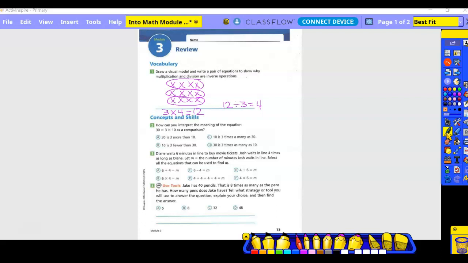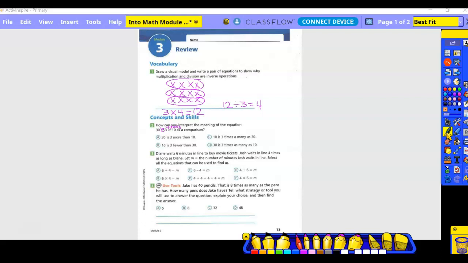Concepts and skills. Number 2: how can you interpret the meaning of the equation 30 equals 3 times 10 as a comparison? So that equal sign says what? Is, right. The multiplication sign says what? Times, right.